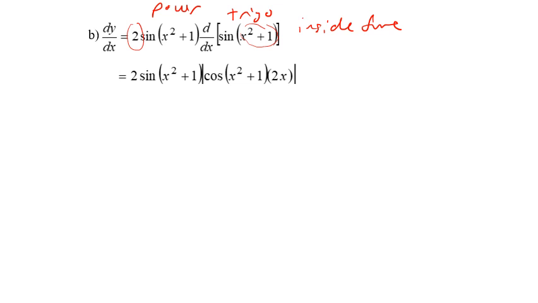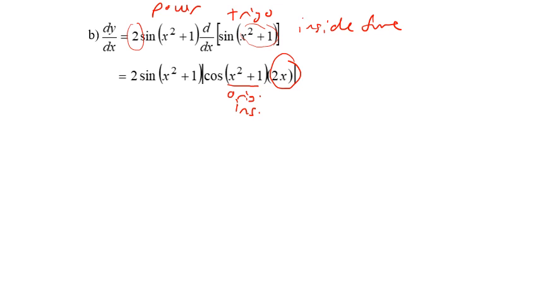And then don't forget, we have to copy the original inside function. And then here, the product from differentiating the inside function, that is 2x. Differentiating x squared gives 2x.